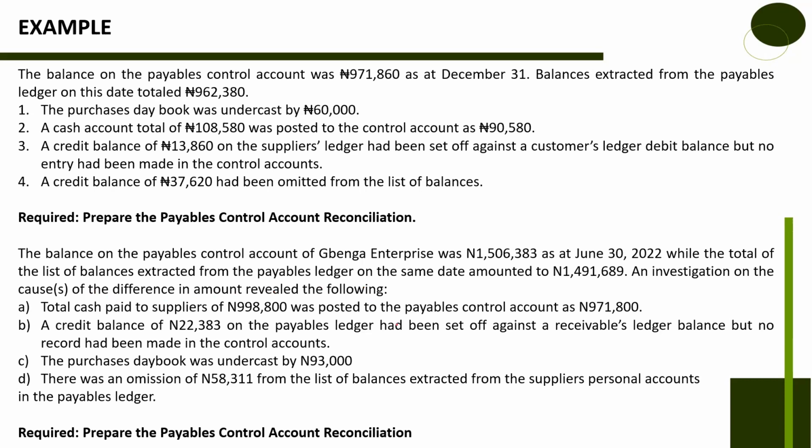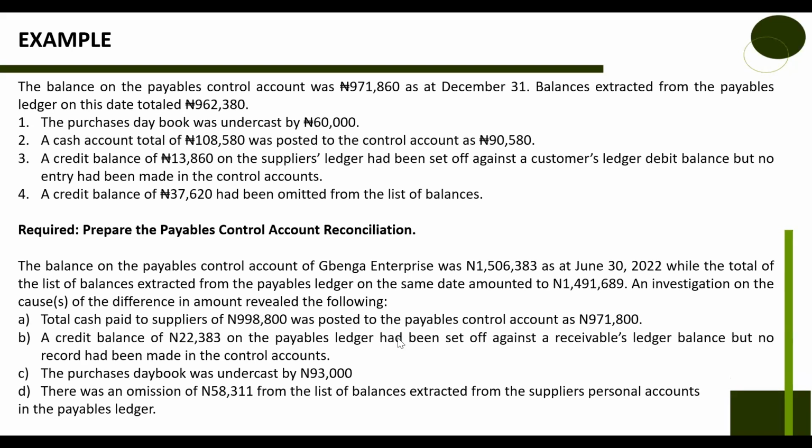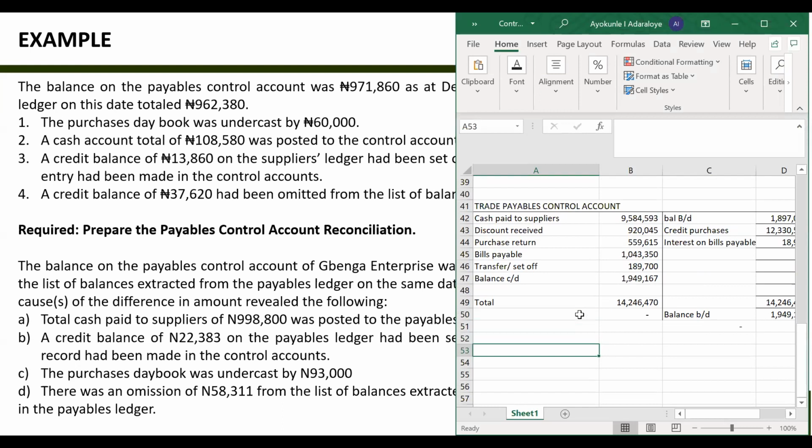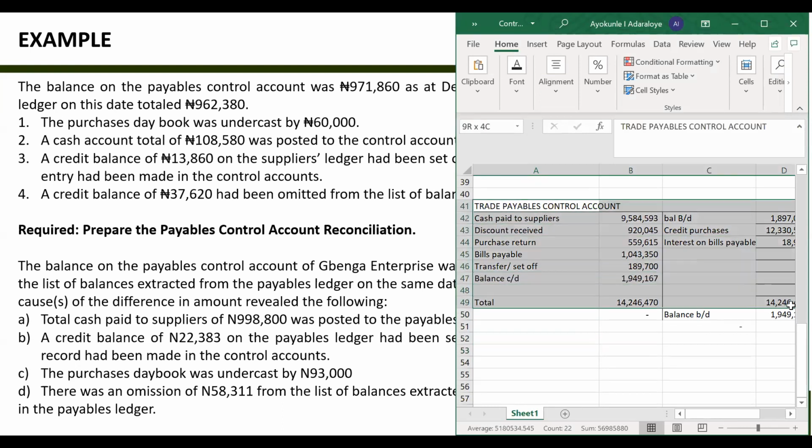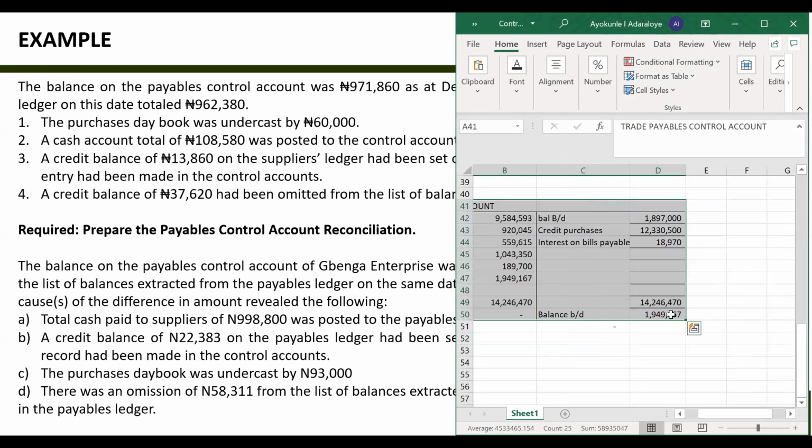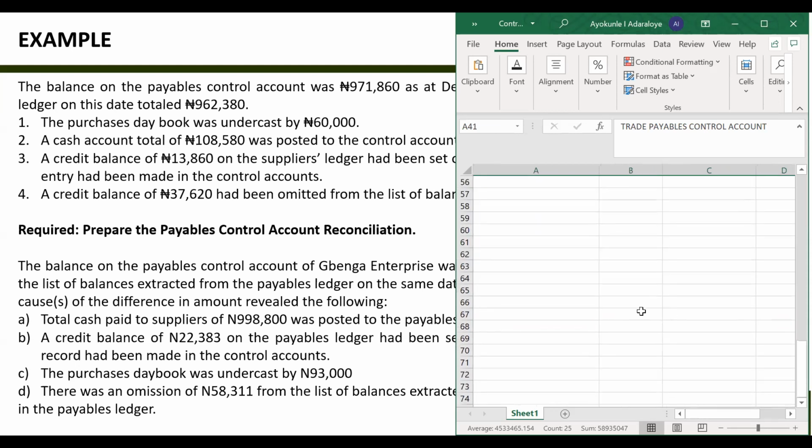Before you start that one, first of all, go back to your account, right? Open those two things I told you about. Let me just copy this. I don't like to draw that thing again and again.